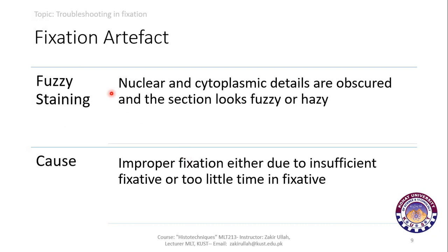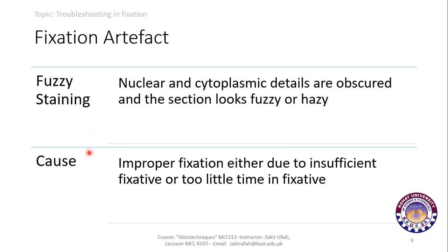The next artifact is the fuzzy staining, or unclear or hazy staining. In this type of artifact, nuclear or cytoplasmic details are covered and the tissue or section looks fuzzy or hazy, and the details are not clearly visible.